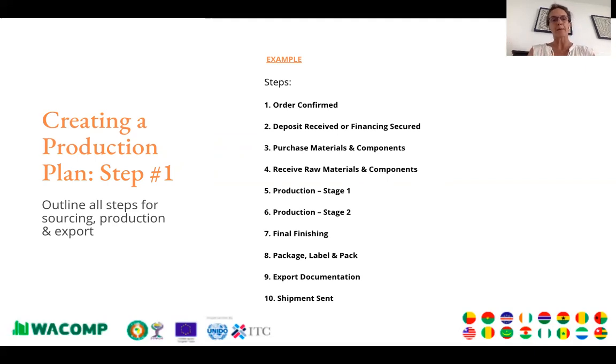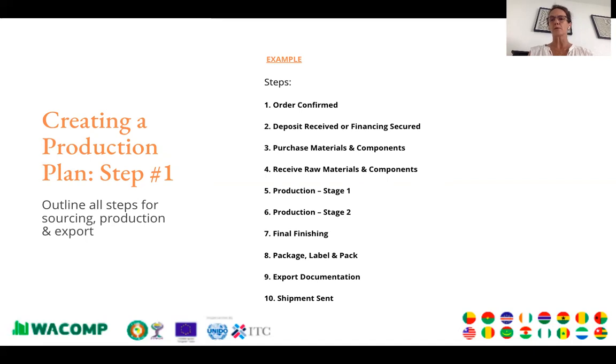So here's an example of all the steps. First, you get the confirmation of order. Maybe you get a deposit on your order or you figure out how you're going to finance it. The third step is you purchase your materials and all the components. The fourth step is you receive those materials and components.